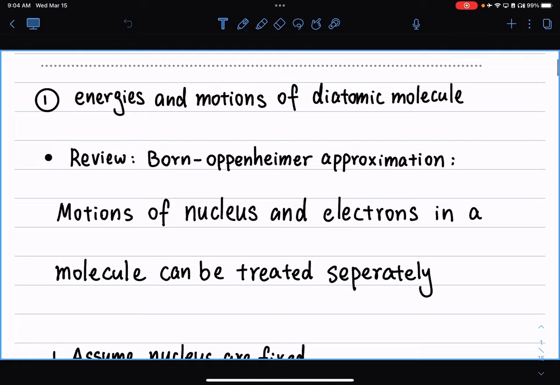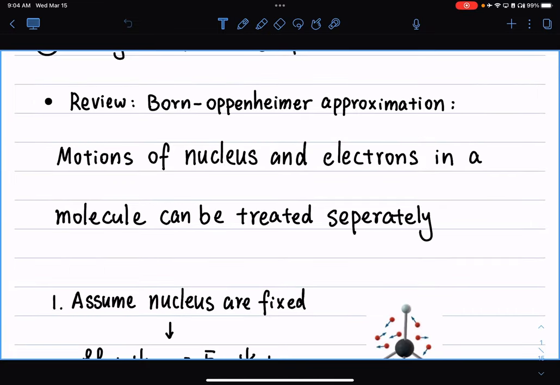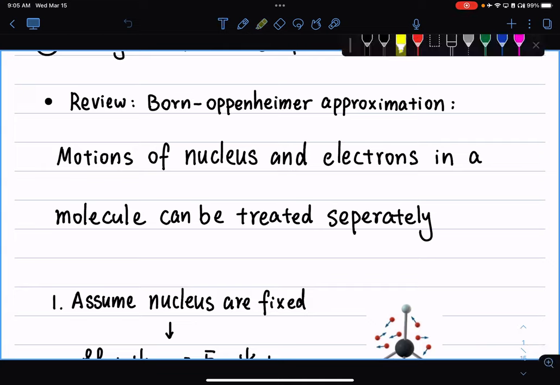All right, getting started. First topic, energy and motions of diatomic molecules. For this point, I want to take some time and quickly go over a review of the Born-Oppenheimer approximation. What the Born-Oppenheimer approximation is saying is that motions of the nuclei and electrons in a molecule can be treated separately.